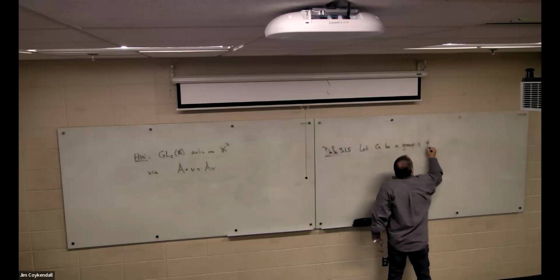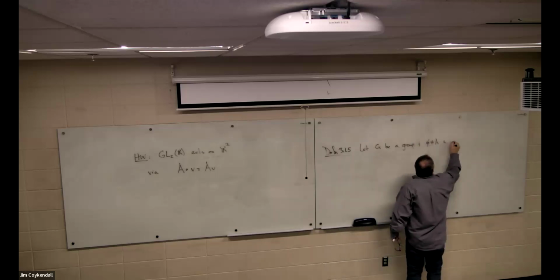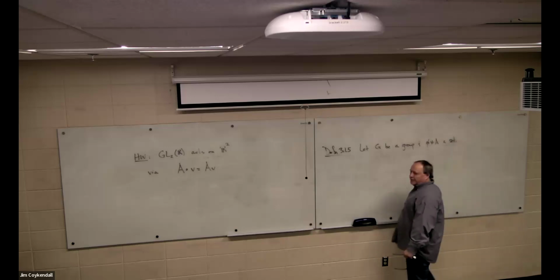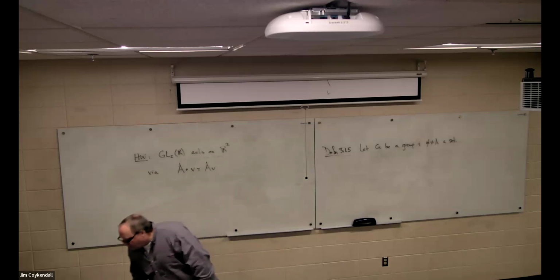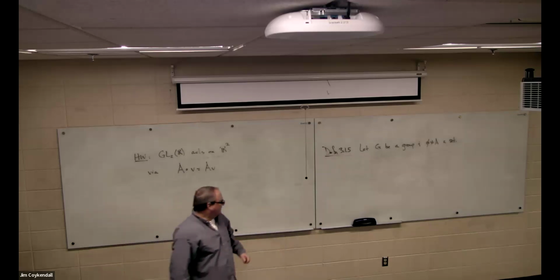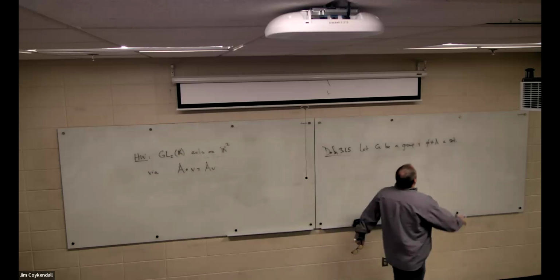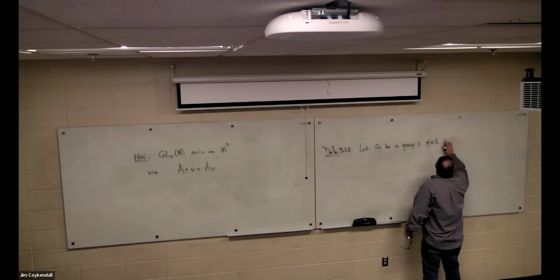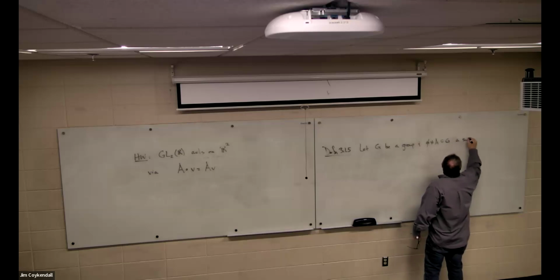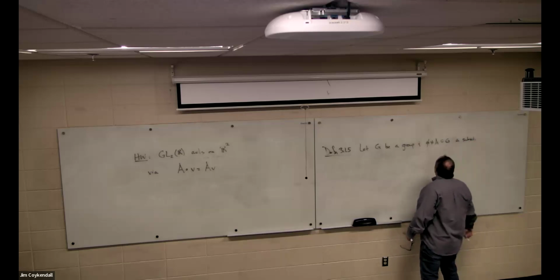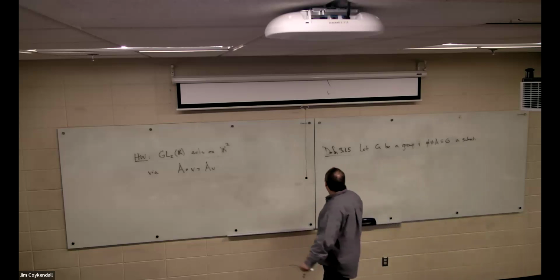And so I've got some group and I've got some non-empty set. Actually, I don't want it to be an arbitrary set. I want this to be a subset of G. There we go. That's a little better. So I want A to be a non-empty subset of G.